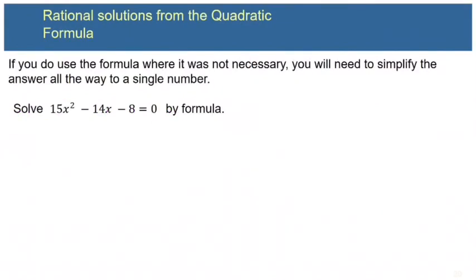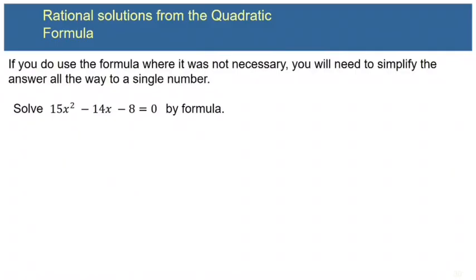Now keep in mind that if you do use the formula when it wasn't necessary, then your answer is going to come out in a form that requires lots of simplifying. Not only will you need to simplify the radical, at the end of that you'll also need to simplify a fraction. So let's look at this example together. This is 15x squared minus 14x minus 8 equals 0.